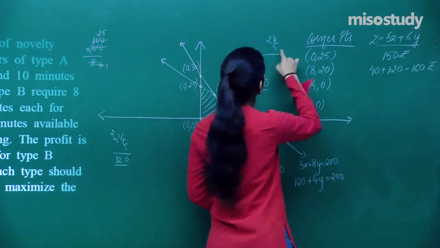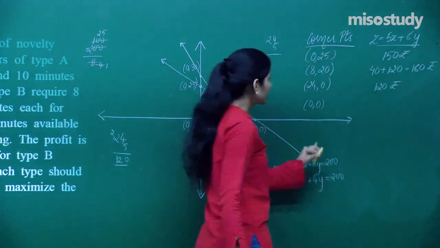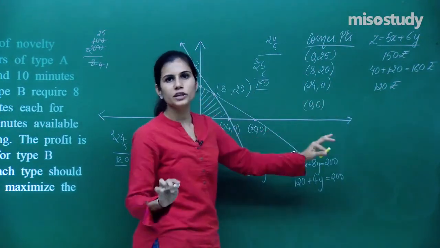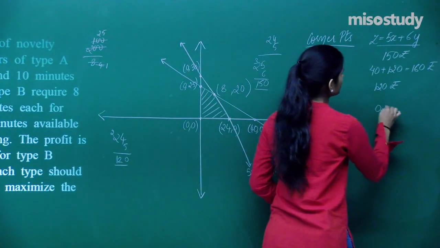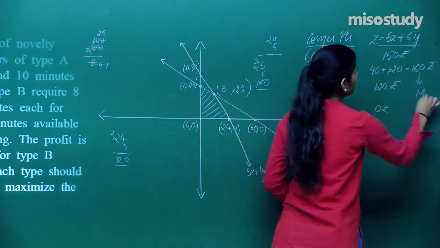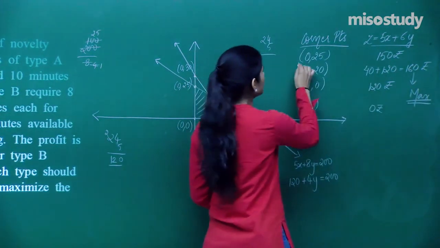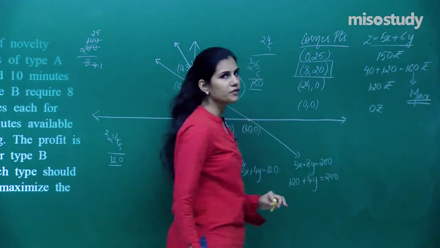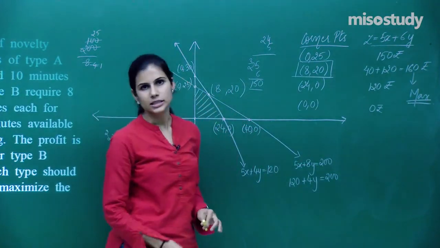We already calculated, it's 120. If you manufacture 24 souvenirs of type A and no souvenir of type B, 120 rupees profit, and here 0 rupees profit. So obviously this is my max. Max profit is 160 rupees, which is earned when you manufacture 8 souvenirs of type A and 20 souvenirs of type B. That is my optimal solution.